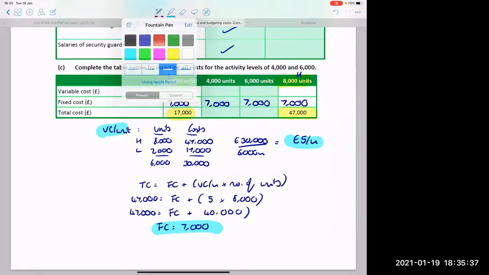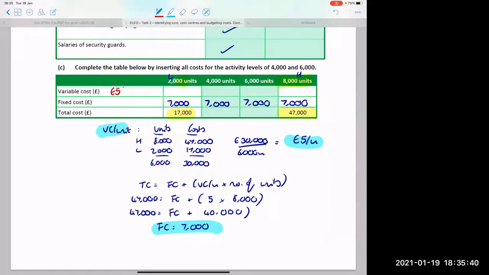Total variable costs, we've worked out, haven't we, £5 per unit. So then we just need to multiply by number of units under each column. So £5 a unit times by 2,000 units gives us £10,000.